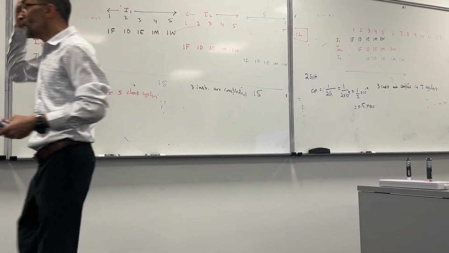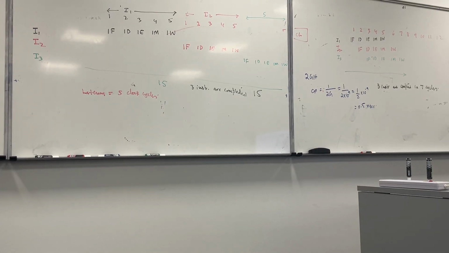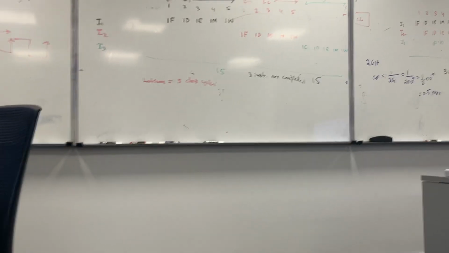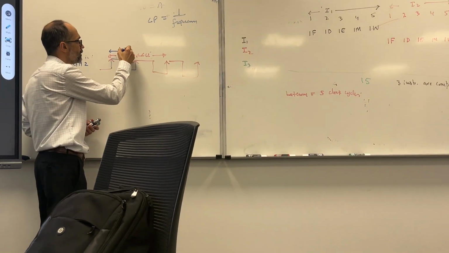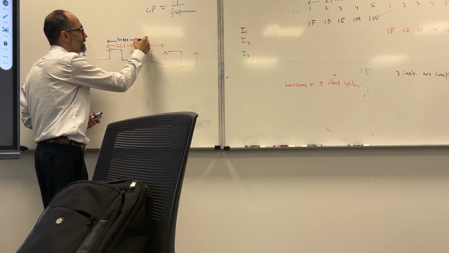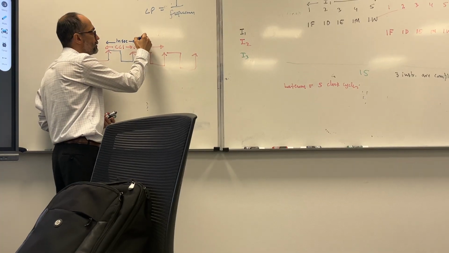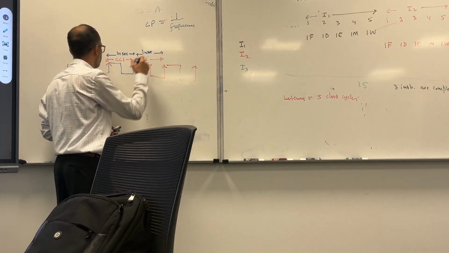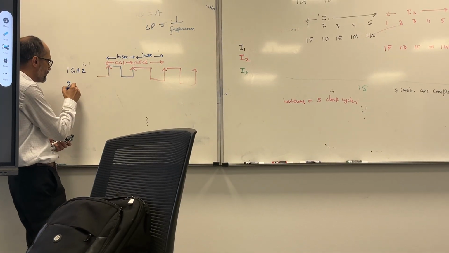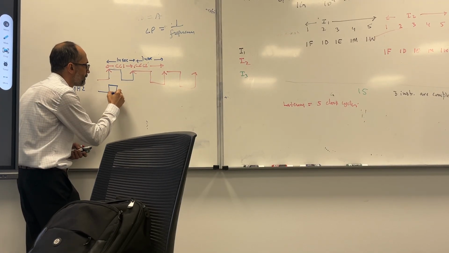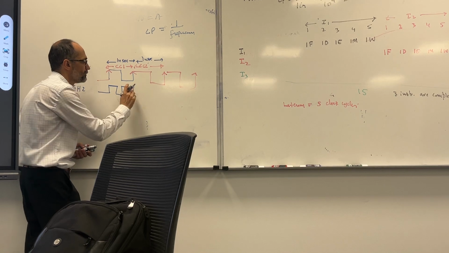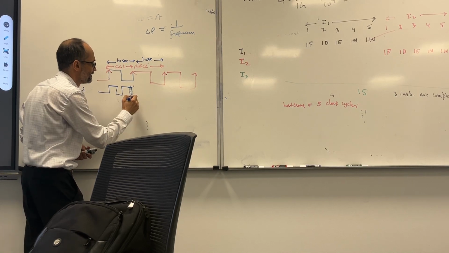Clear or not clear? Let's assume this is my 1 gigahertz frequency. This duration will be 1 nanosecond, and this duration will also be 1 nanosecond. If we have 2 gigahertz frequency, how many clock cycles do we have here?